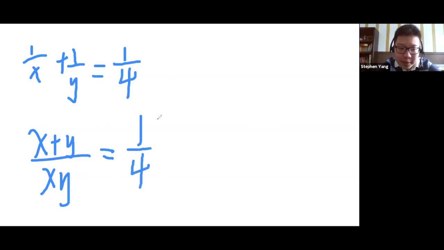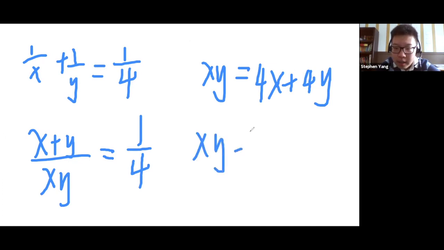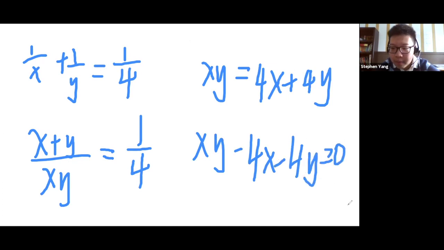So then, if you cross multiply, you get xy is equal to 4x plus 4y, and then move this 4x and 4y to the left-hand side, which will get xy minus 4x minus 4y equal to 0.